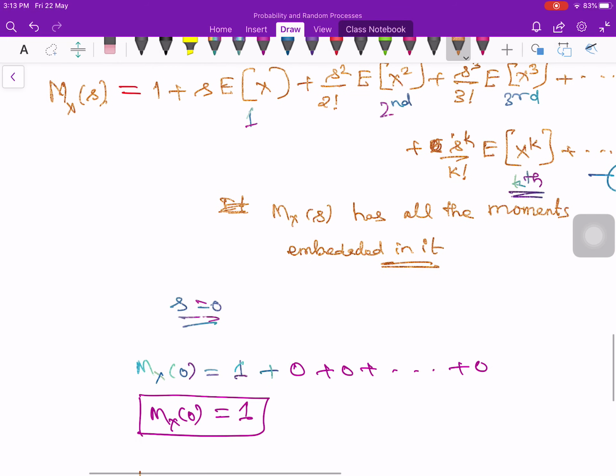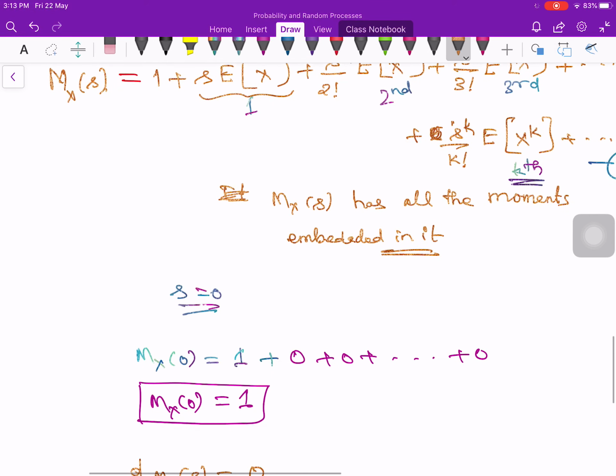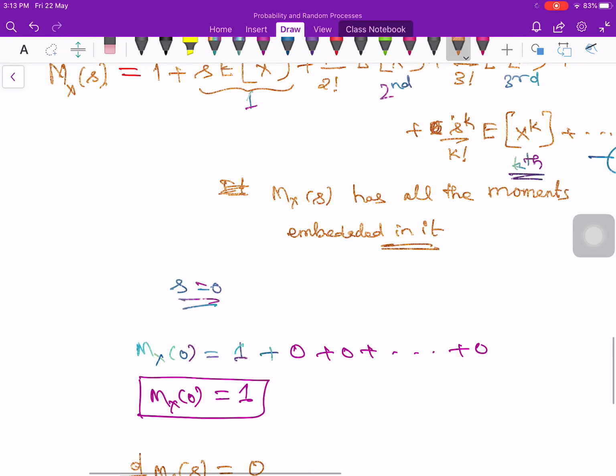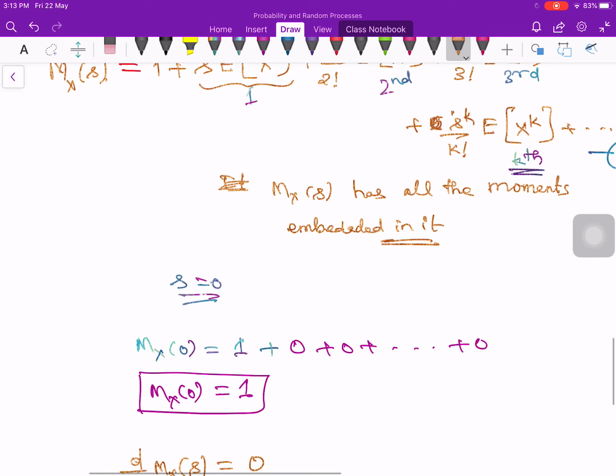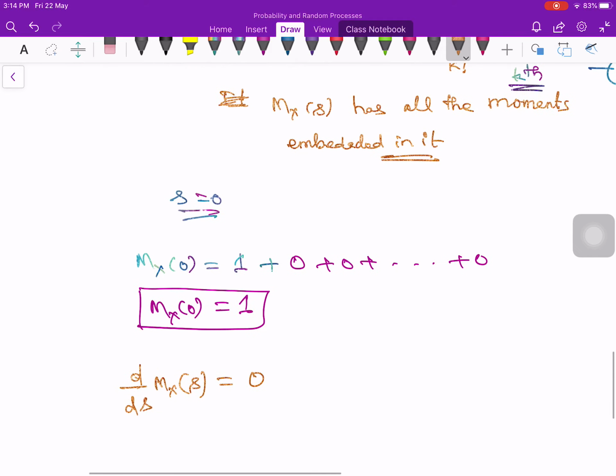The second term is s times E[X], so this is 1 times E[X].